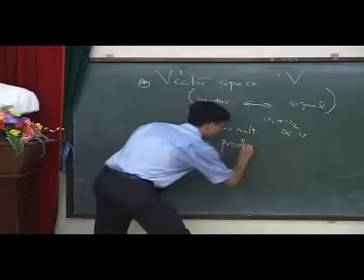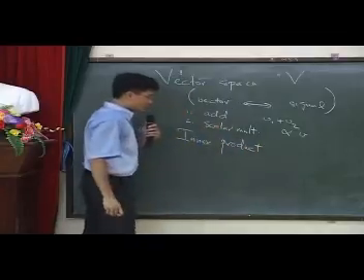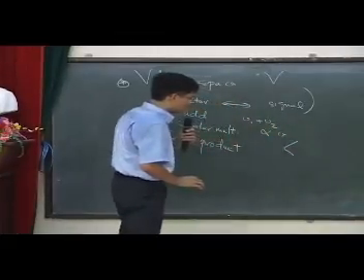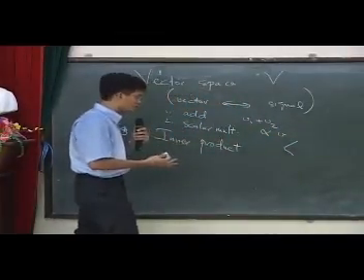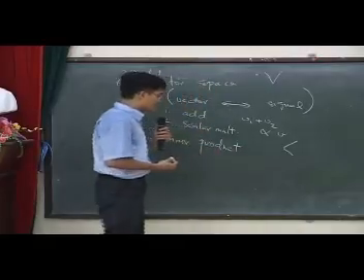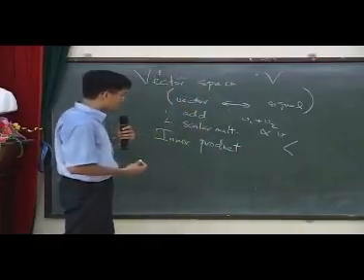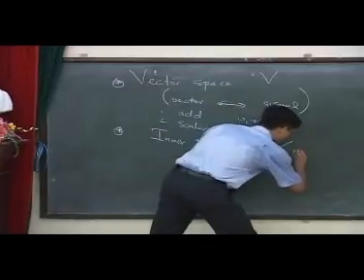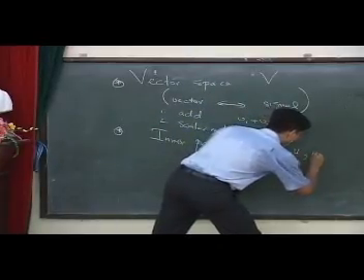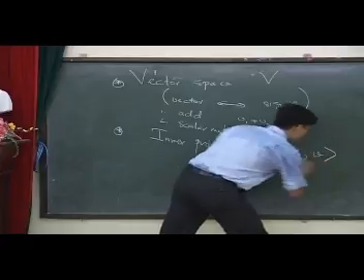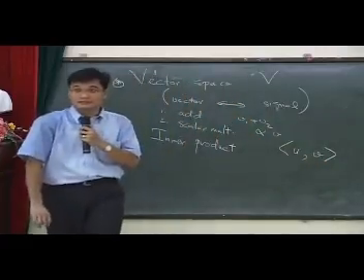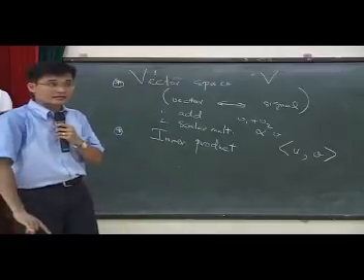I don't know what notation you use, but the notation the textbooks in the US often use is that you take a vector U and take the inner product with a vector V. So you take two vectors and it gives you a number. That is the inner product.